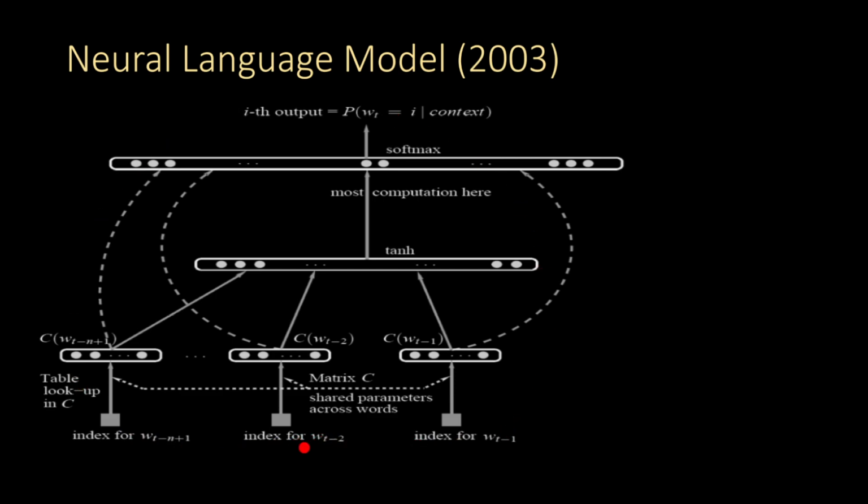The other difference is that the input and output are timed. So basically, you have W_{t-n+1}. Let's think about it as W_{t-3}, W_{t-2}, and then W_{t-1}. And then you're predicting W_t, the word at time t.